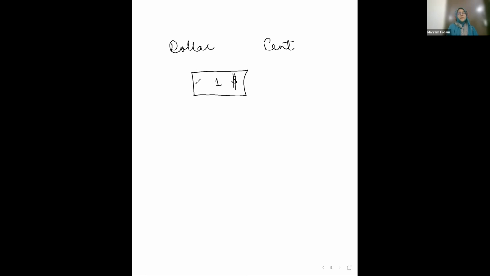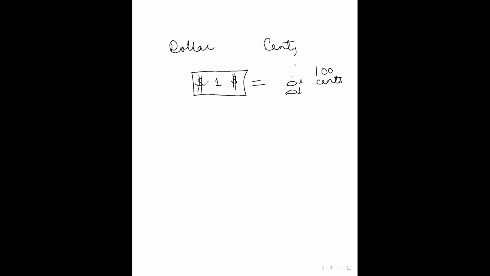If you have 100 cents, what does that mean? That you have 1 cent, 1 cent, 1 cent, and you have 100 of them. Then that will be equal to $1. Similarly, the same thing we have in rupees.